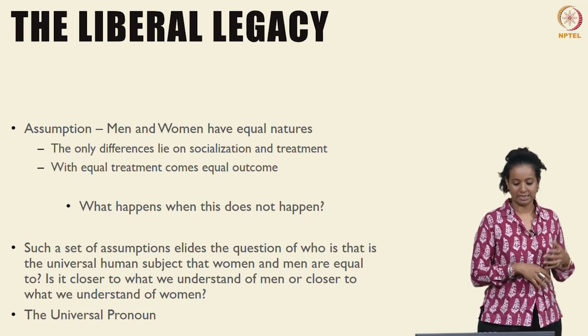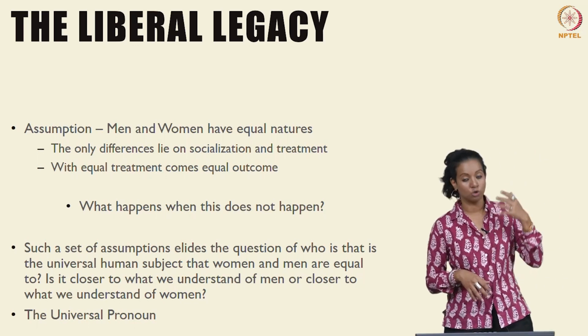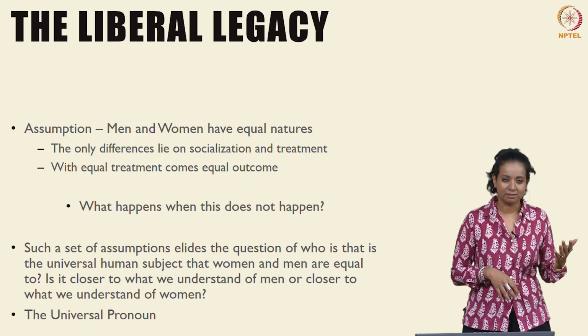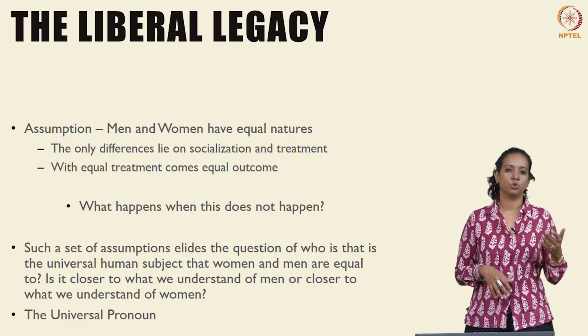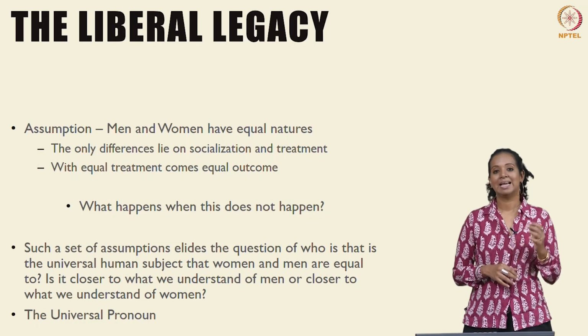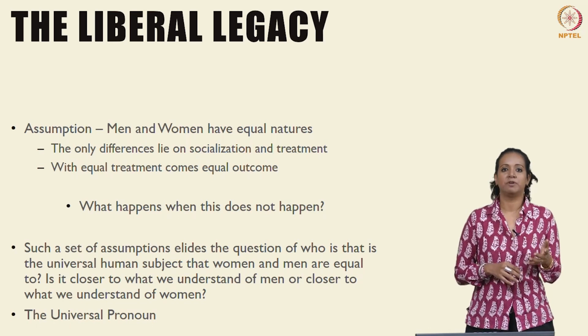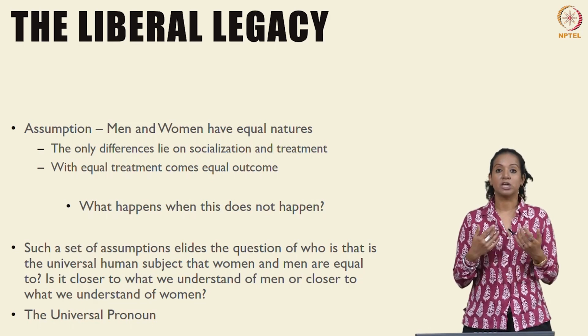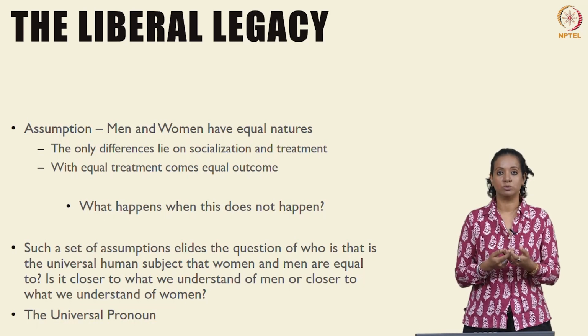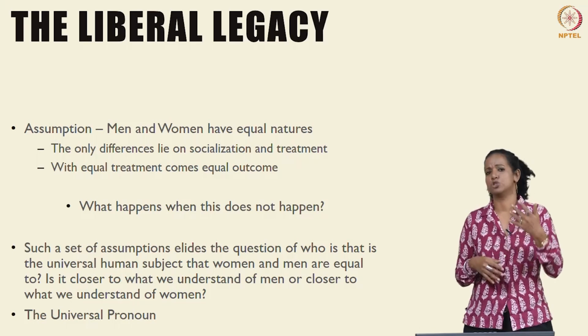Therefore, ask the question, is this universal human subject closer to what we understand of men or closer to what we understand of women? In this regard, seemingly trivial pursuits like making sure that when we use pronouns of a neutral nature, we don't say he, we don't say chairman, we say chairperson.